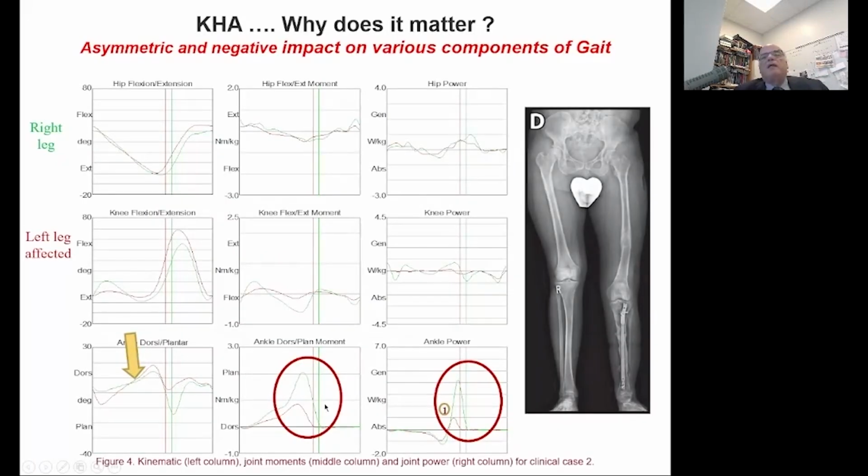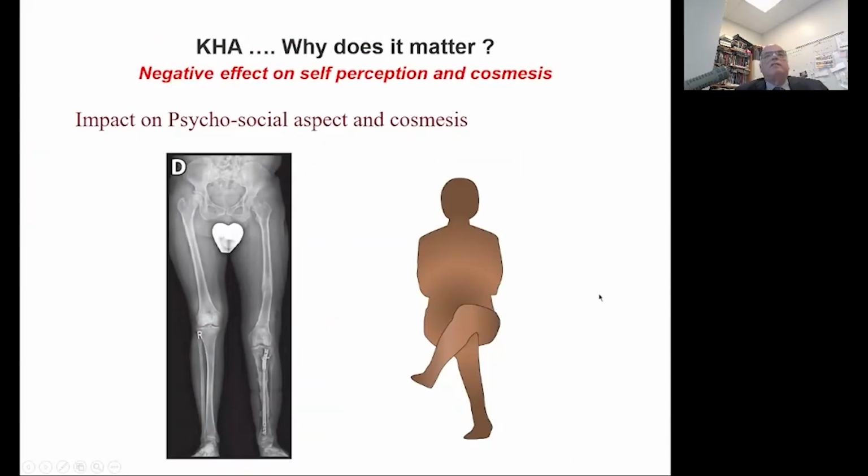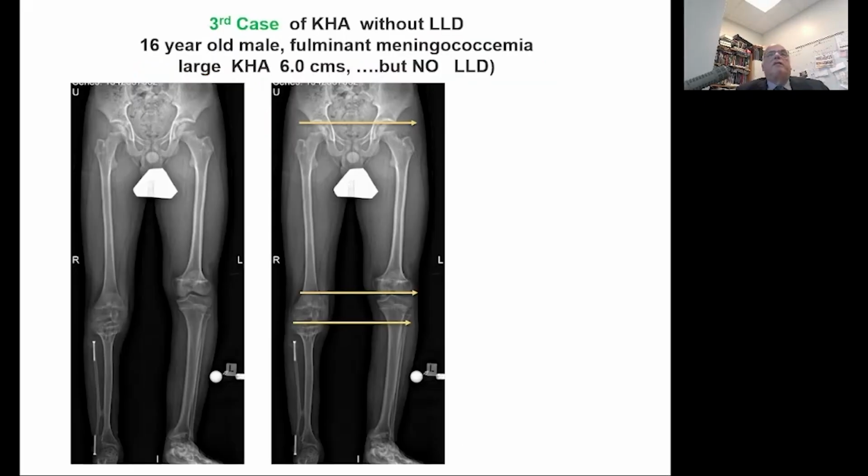What was found is that several parameters of the kinematics and kinetics were changed in these patients. One of them was this one that I talked about before, where there is a huge knee height asymmetry. Cosmesis is very important, and what many can do to hide this knee height asymmetry is simply crossing the legs. In that way, we do not notice that there is a difference at the height of the knee.